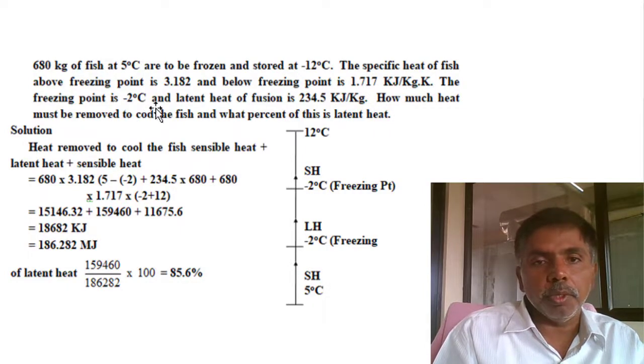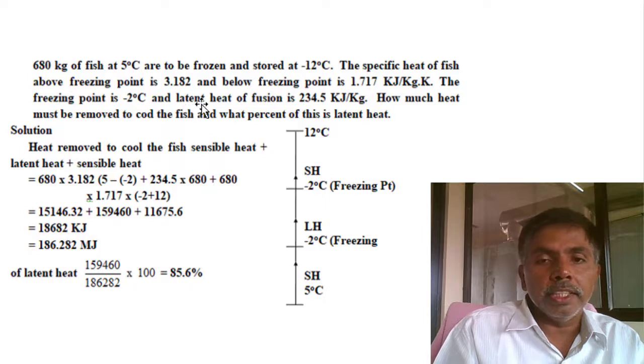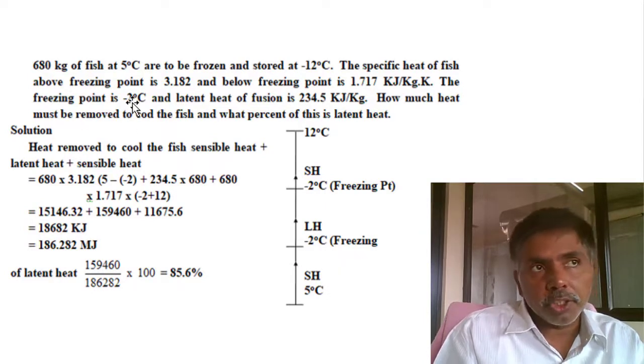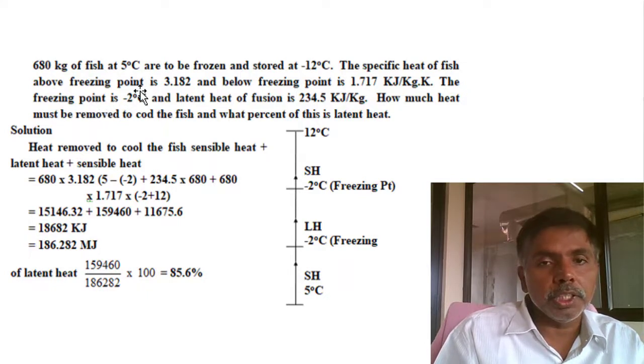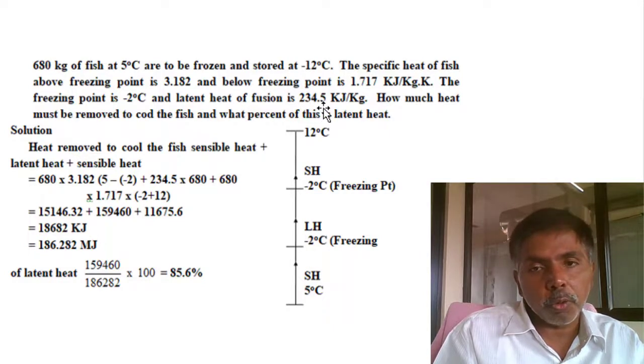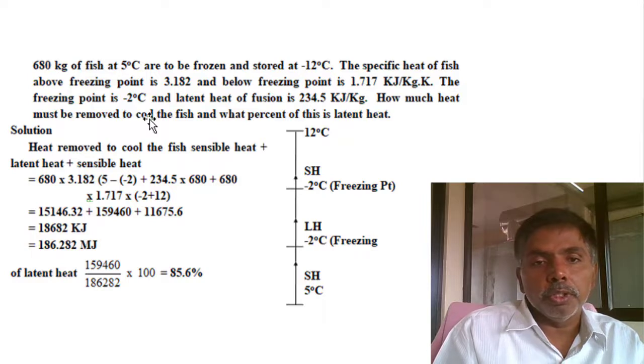The freezing point is minus 2 degrees, not 0. Generally water freezes at 0, but this fish freezing point is minus 2 degrees, and the latent heat of fusion is 234.5 kilojoules. How much heat must be removed to cool the fish, and what is the percentage of latent heat?